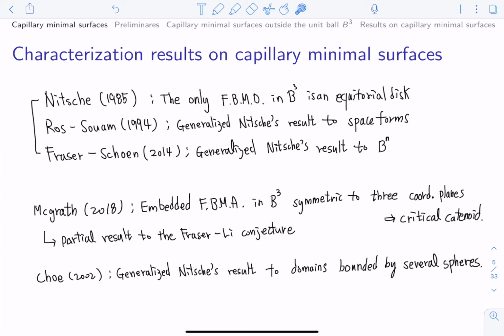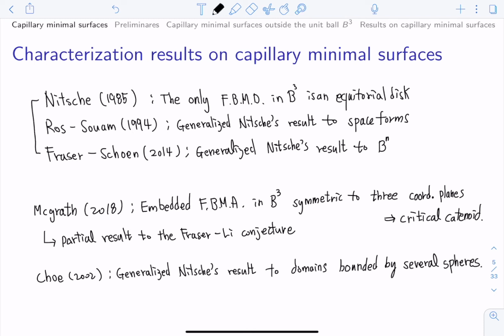And Ros and Souam in 1997 generalized Nitsche's result to space forms such as S^3 and H^3. And Fraser and Schoen in 2011 generalized Nitsche's result again to higher dimensional balls, but the theorem only holds for the surface case as well.